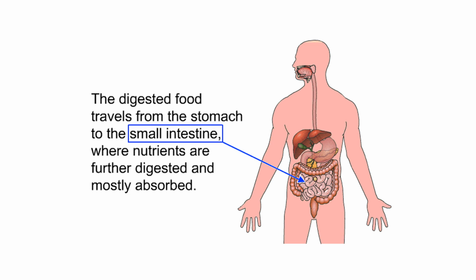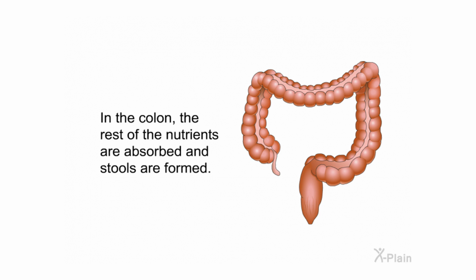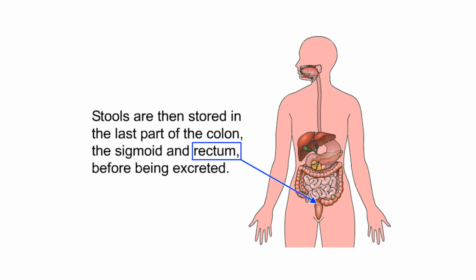The digested food travels from the stomach to the small intestine where nutrients are further digested and mostly absorbed. Finally, the fibers in some digested food reach the colon. In the colon, the rest of the nutrients are absorbed and stools are formed. Stools are then stored in the last part of the colon, the sigmoid and rectum, before being excreted.